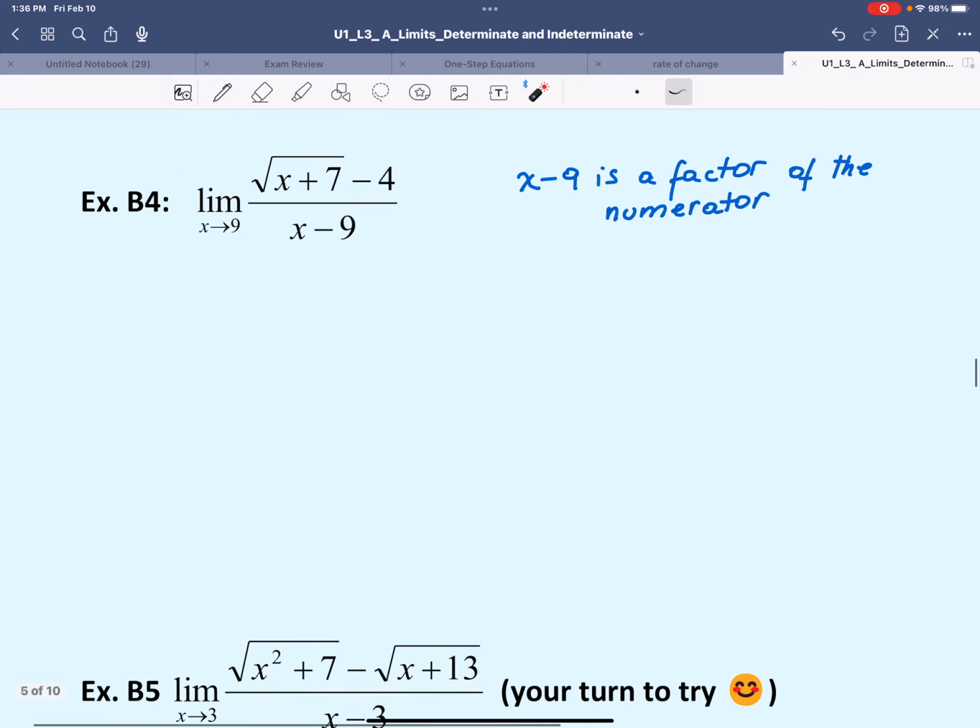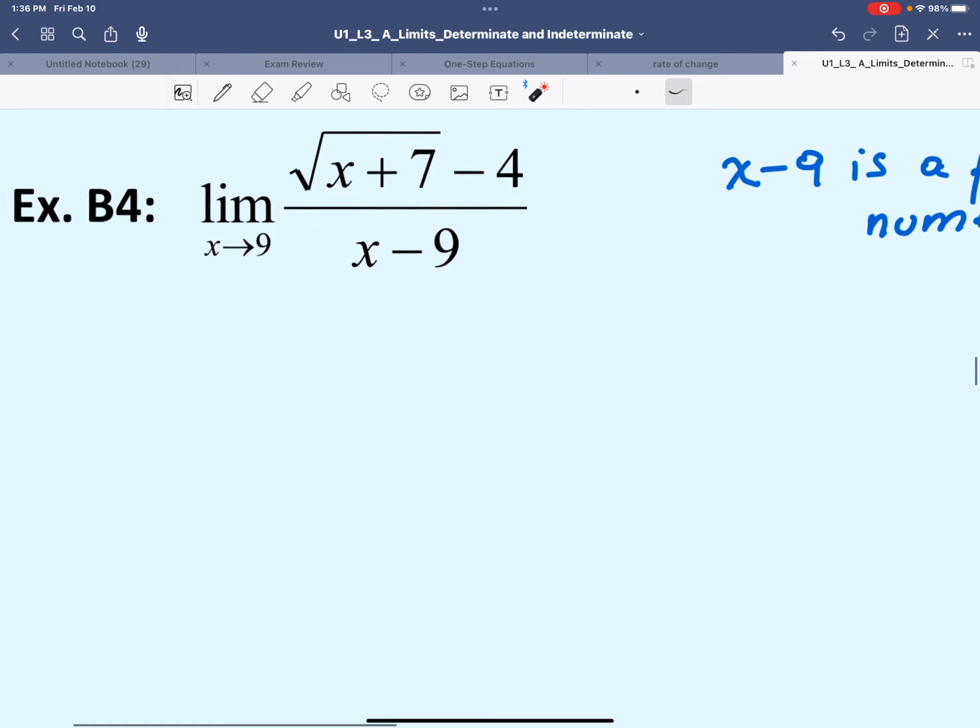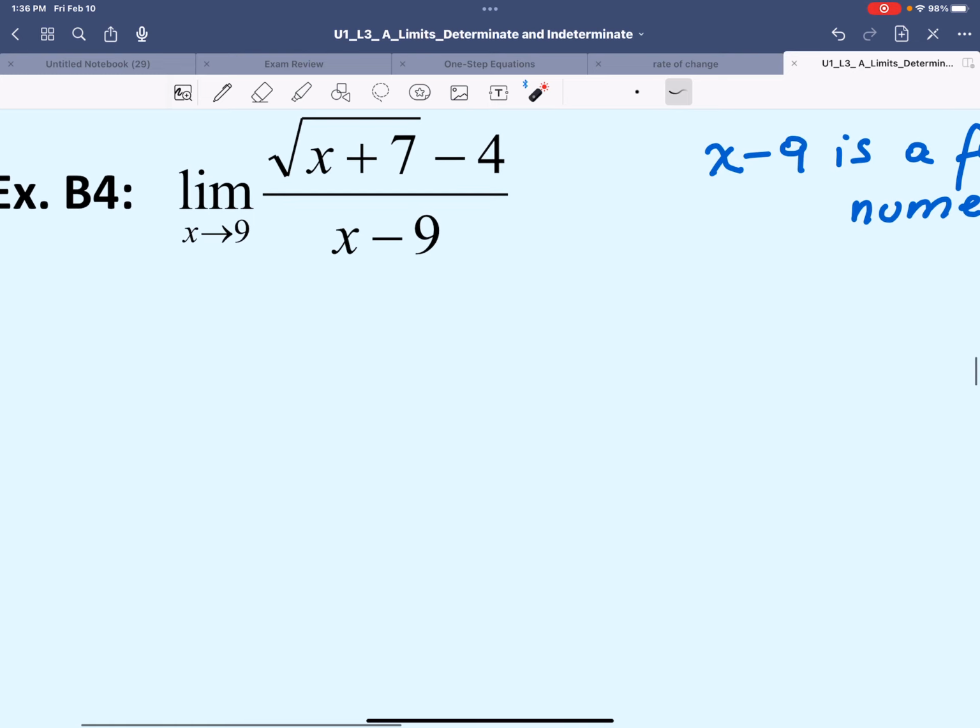Because x is hiding inside the square root, we cannot factor right away. We need to first get x outside the radical.